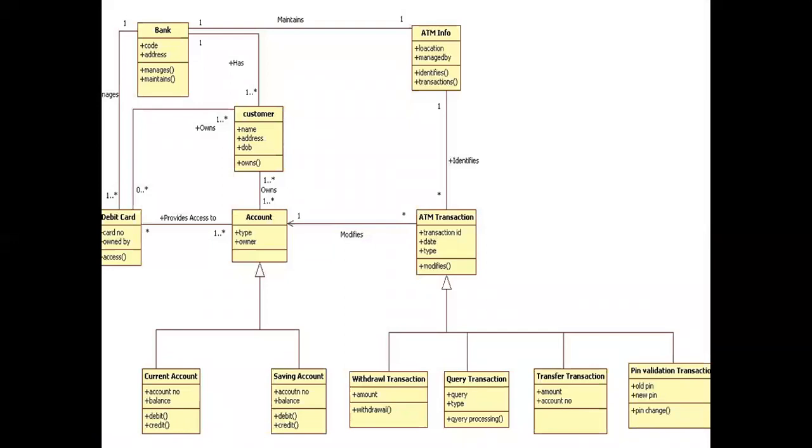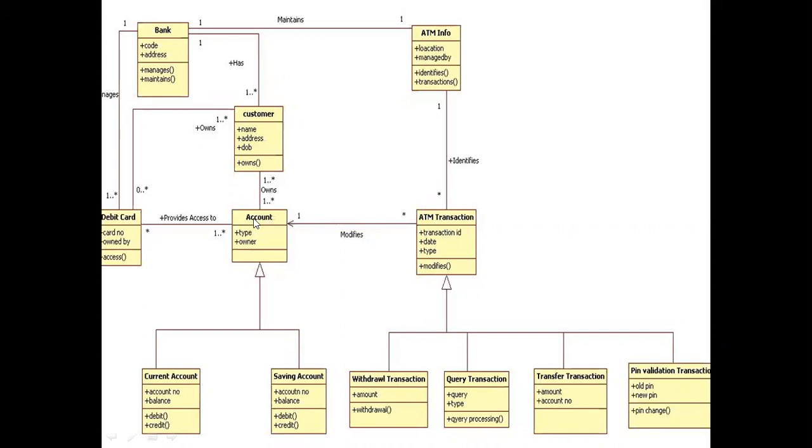Next one, the ATM system. In the ATM system, every ATM is maintained by a bank. Every bank has customers, and every customer has an account. The customer must have a debit card, and every account performs some ATM transactions.